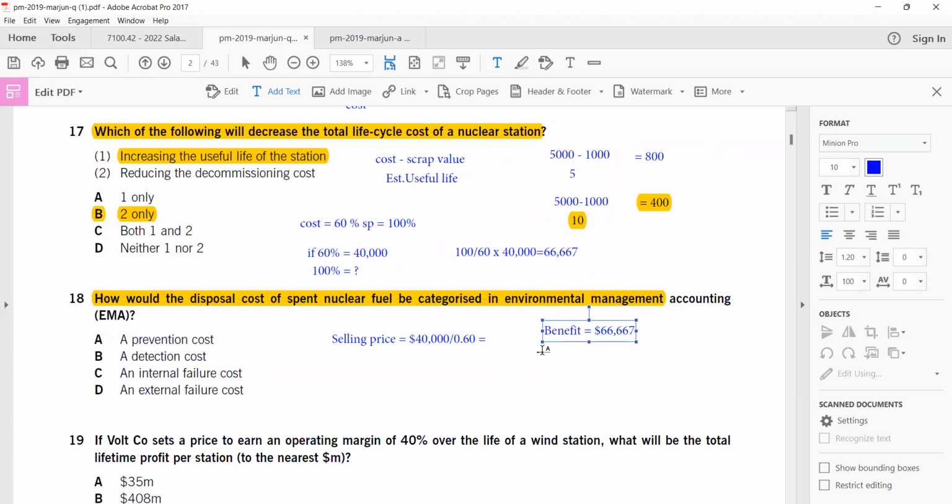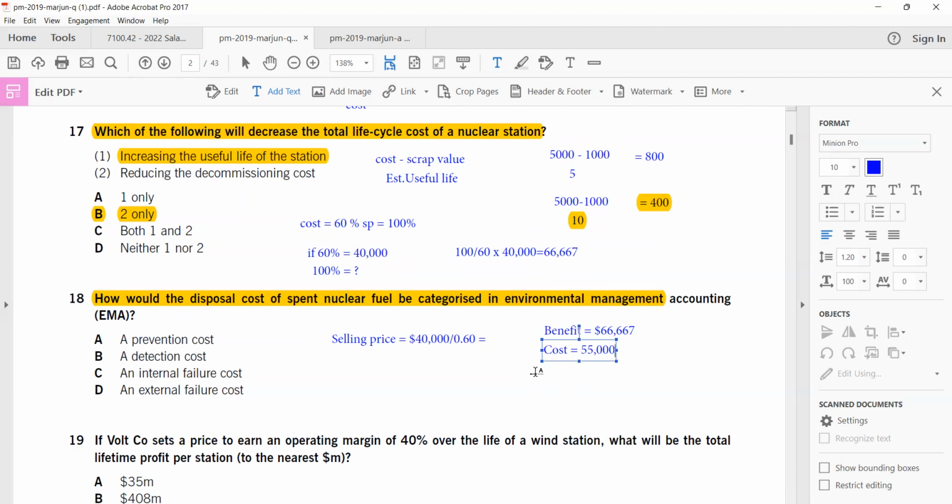Meanwhile, the operating cost is not important because we're looking at life cycle costing. It's equal to 55,000. So the net difference is the lifetime profit per station. So that is for the first station.